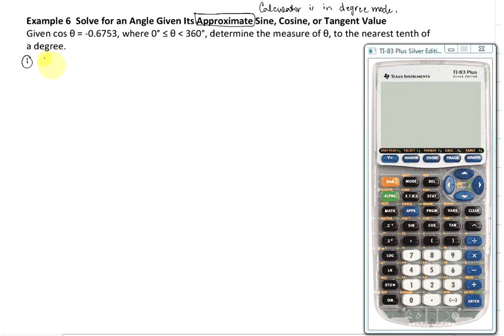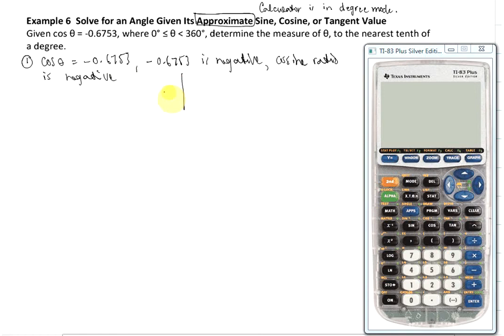Now we know that cos of theta is negative 0.6753, which is negative, of course, which means that your cosine ratio is negative. So let's find out where cos is negative.